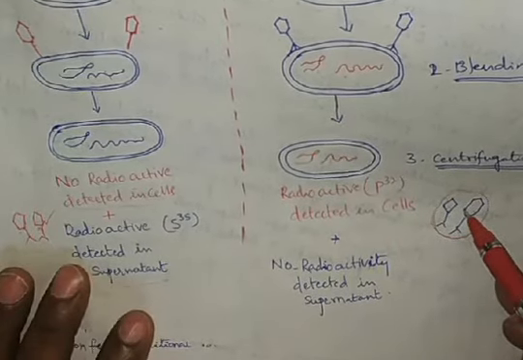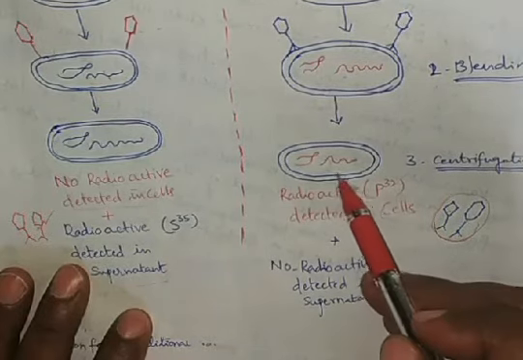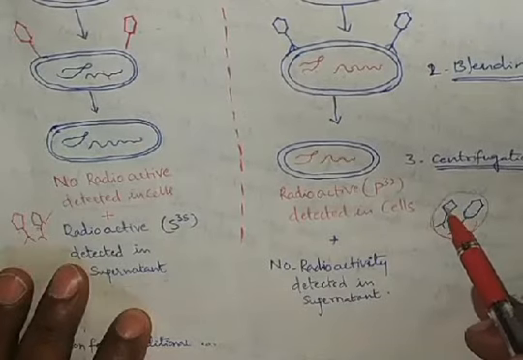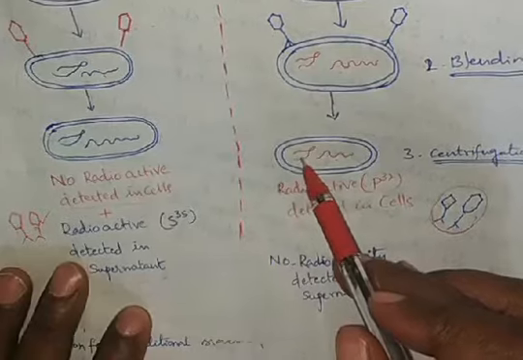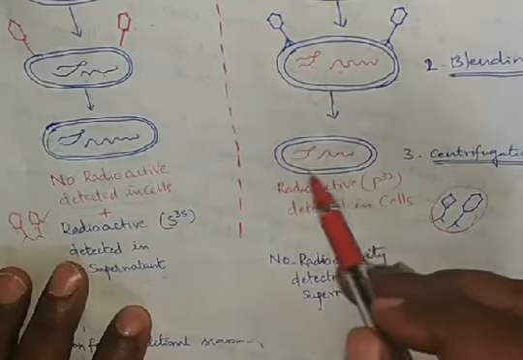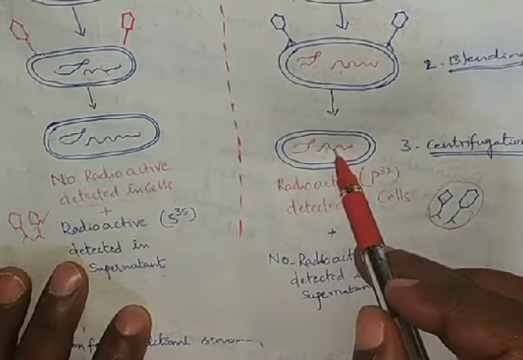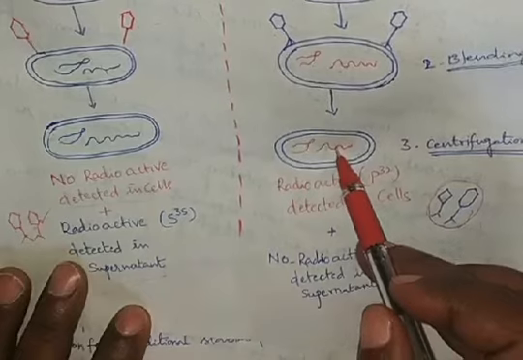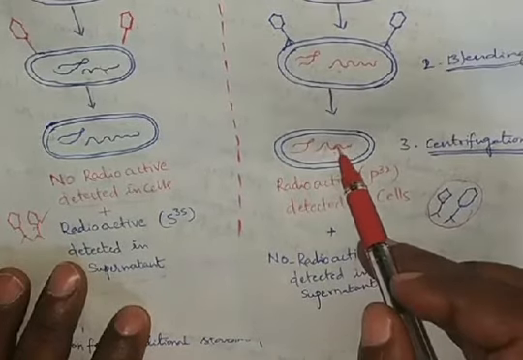So already, as we know, radioactive phosphorus is seen in the DNA only, not in the protein coat. So we can confirm that the material that entered into the bacterial cell in this case is a DNA, because it has a radioactive phosphorus. That confirms that the material that entered into this bacterial cell is a DNA.